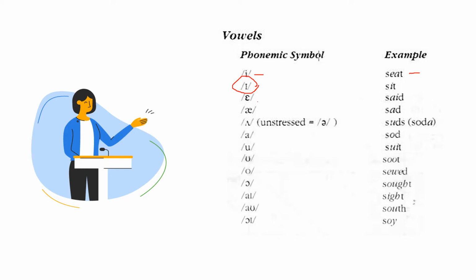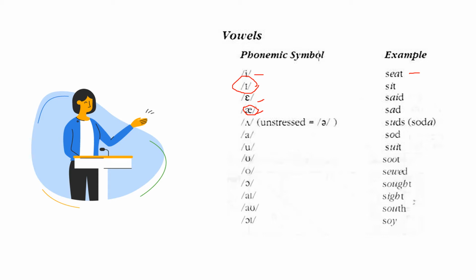Then the third symbol sounds more like an E sound, the usual E sound, like said, red. Okay. The fourth one looks like a combination of letter A and E sound.